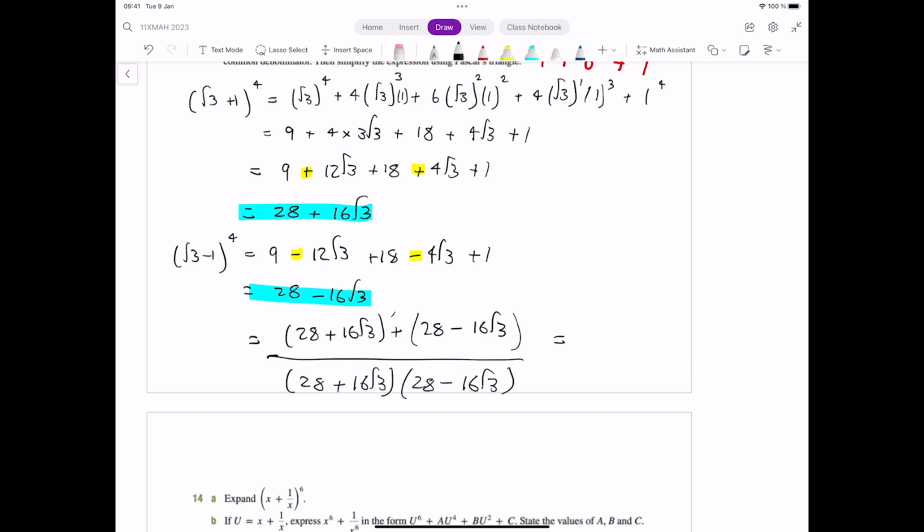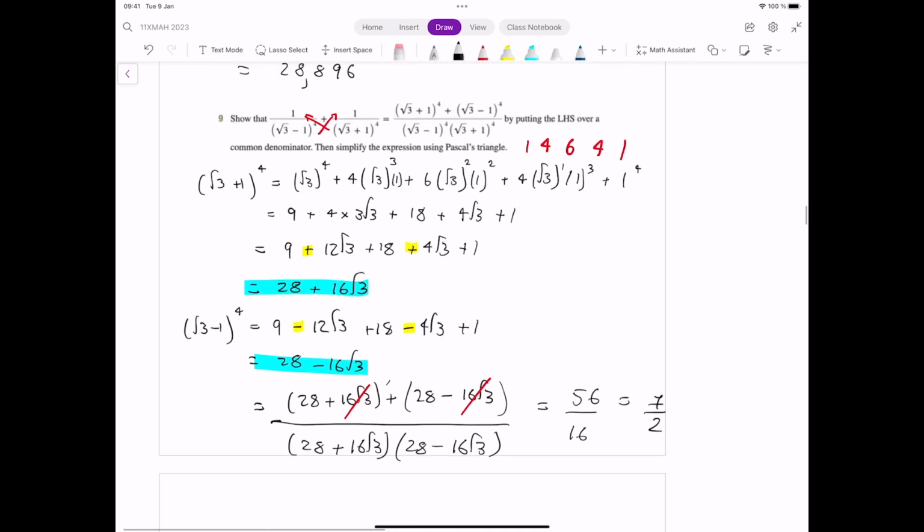It's actually just going to be 28 squared minus (16 root 3) squared. But if you're uncomfortable with that, you can just type that bottom denominator into your calculator and you'll get 16. So on the top, we're going to have, these will cancel. So we're going to have 28 plus 28, which is 56, over 16. 56 divided by 16 is 7 on 2. That was nice. Now, personally, it would make me very comfortable if I typed in my original question and see if it was 7 on 2.